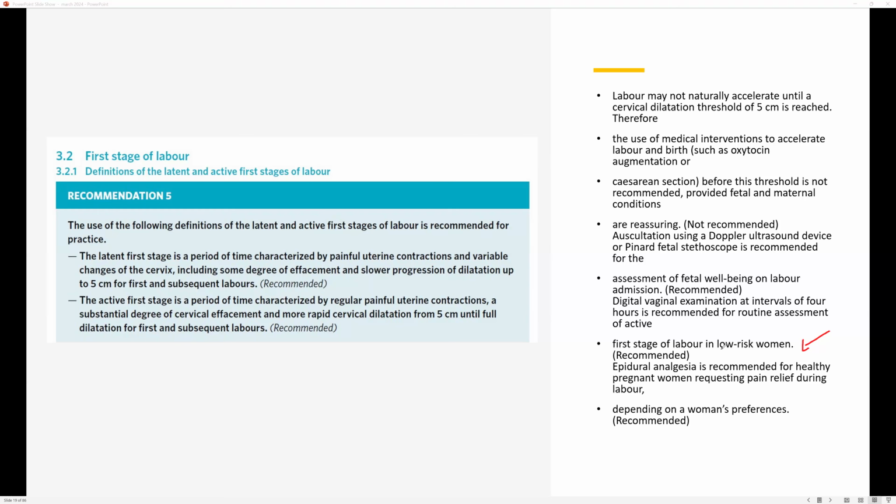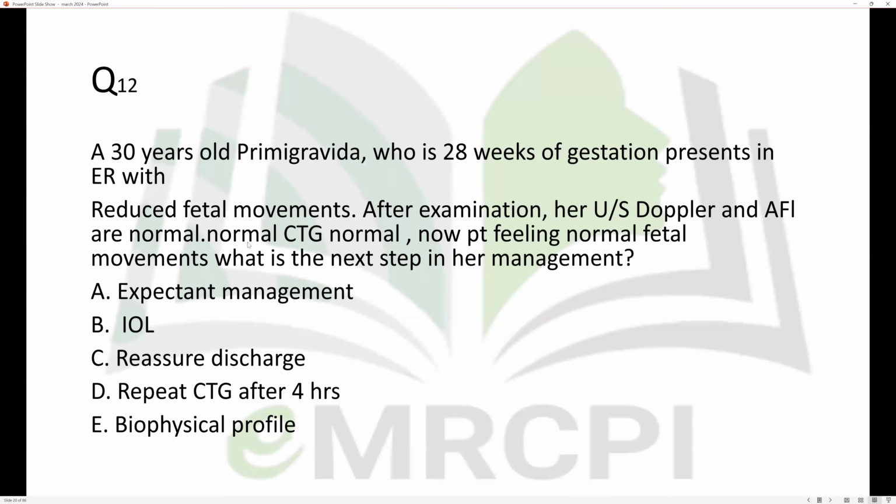So for the first stage of labor in a low-risk woman, epidural analgesia is recommended for a healthy pregnant woman requesting pain relief during labor, and this depends on the woman's preferences. I don't need to expedite the birth in this case, since she is still 3 cm. At 3 cm, I don't do anything. Just make her comfortable, give painkiller or epidural, and wait for the progress for this patient.